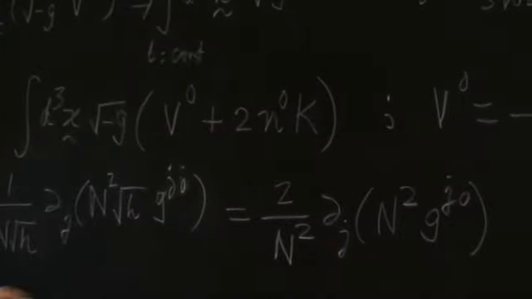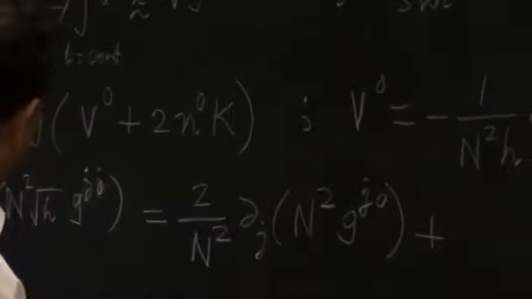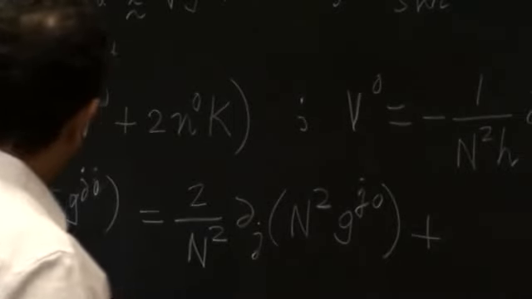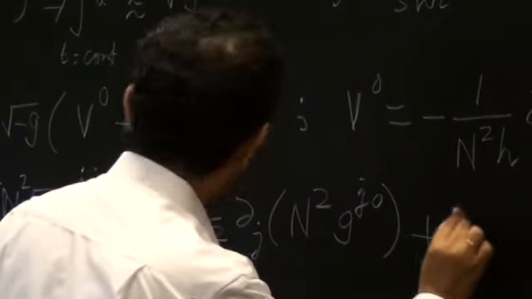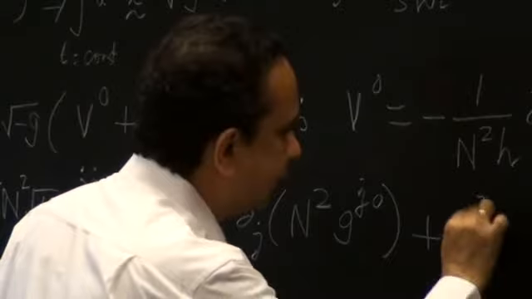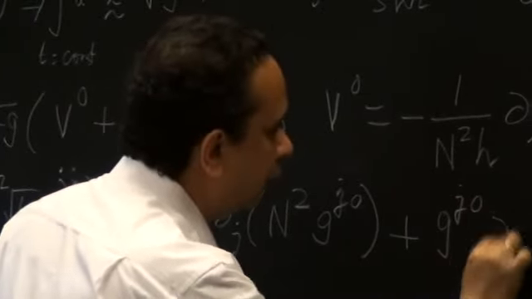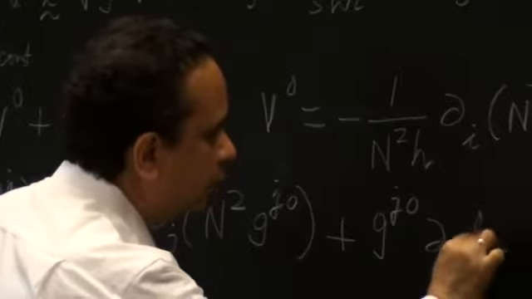This is one term. Then I get plus root h derivative with a factor 2 here. So that is equal to 2 times dj gj0 dj of log h.